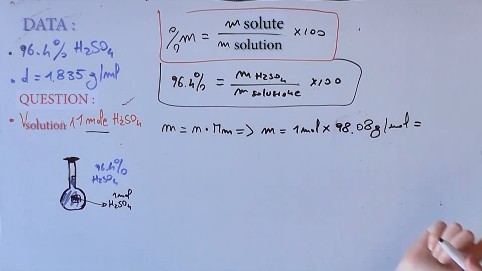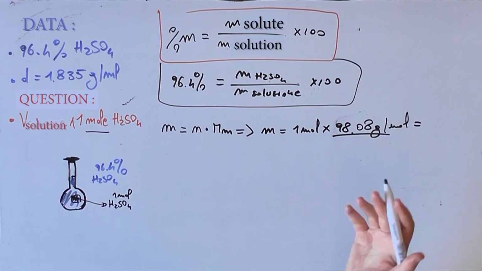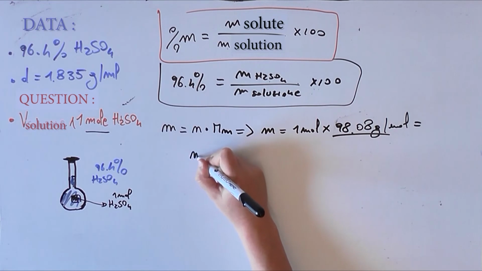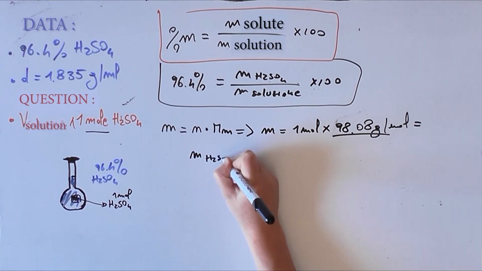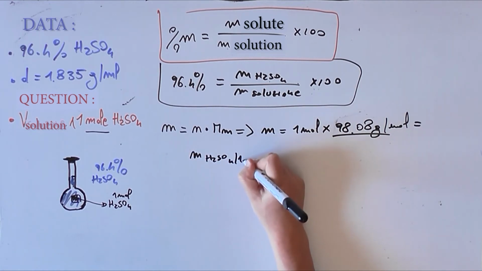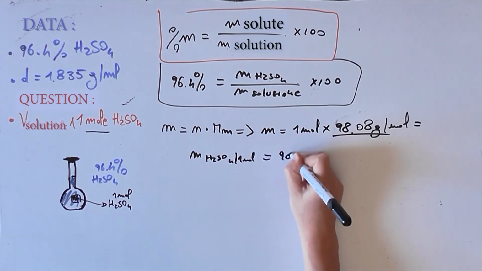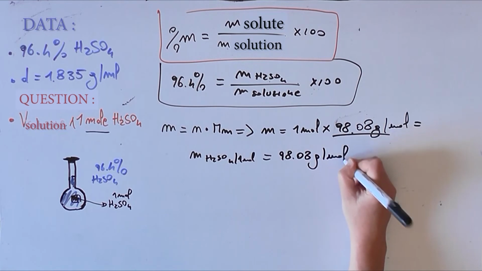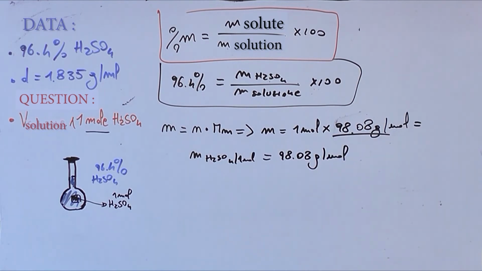So of course, this time, since we have just 1 mole, this means that the mass of sulfuric acid equals 98.08, so it equals the molar mass of sulfuric acid. So the mass of sulfuric acid is 98.08 grams. Of course, this is intuitive, but I just explain it to be more clear.